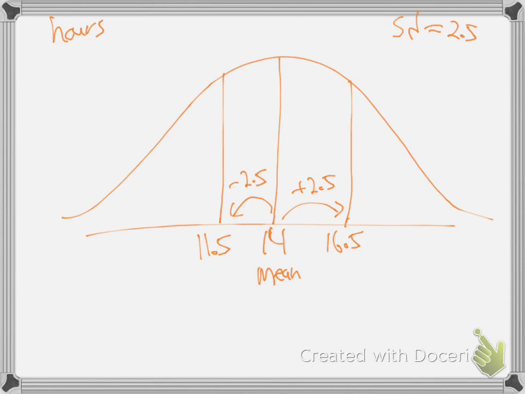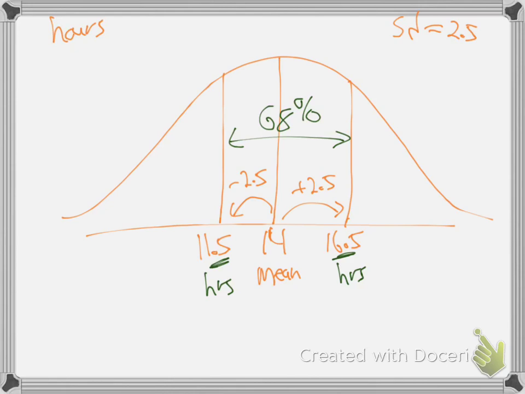What percentage of all students, if this data is really true, would study between 11.5 hours per week on stats and 16.5 hours per week on stats? That includes in-class time. 68%, right?